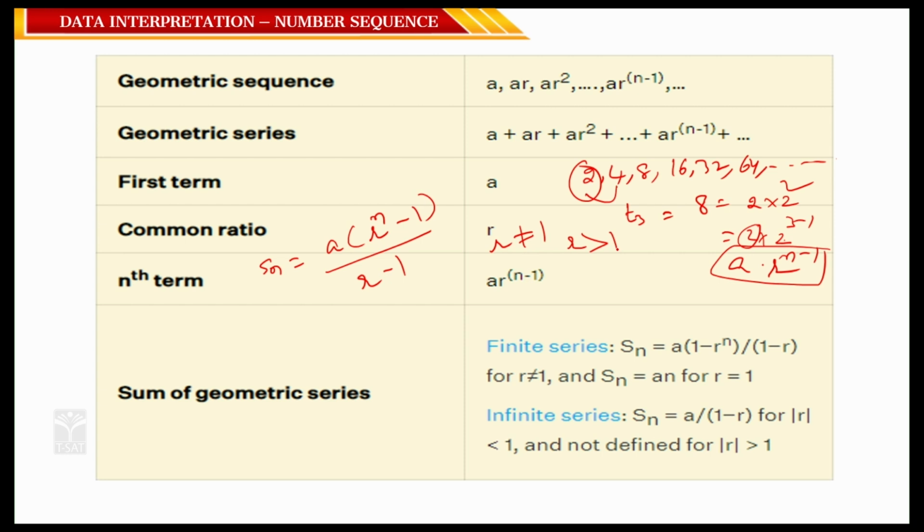The sum of n terms of a geometric progression is A of R to the power of n minus 1 by R minus 1. The condition is R greater than 1 and R not equal to 1 when it is a finite series.